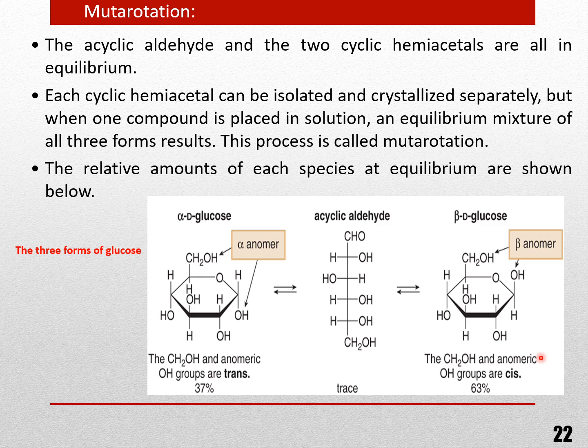Before we move on to the next slide, just to make you understand, when they rotate between these three structures, the presence of this trace amount actually plays a role in serving as a reducing sugar because of the carbonyl group. Whenever the carbonyl group is present, glucose will serve as a reducing sugar when they mutarotate. That is described in the next slides to come.